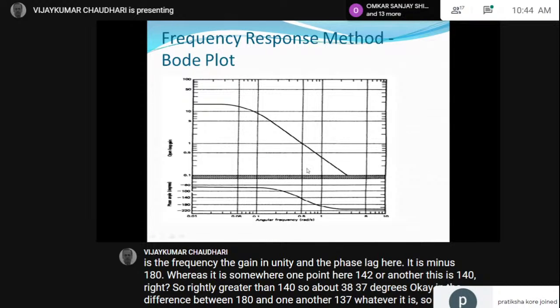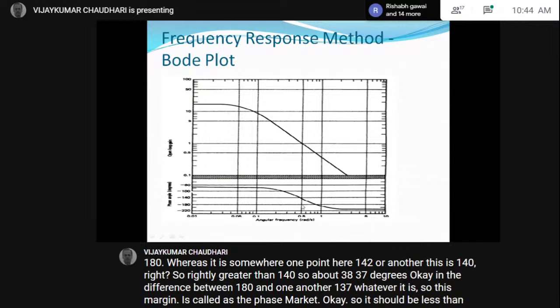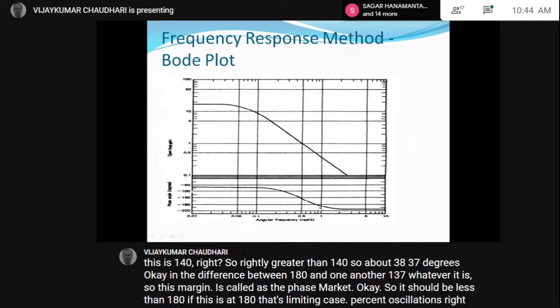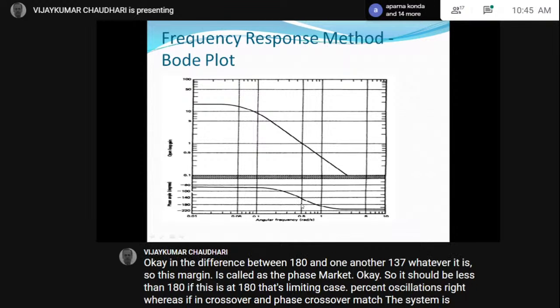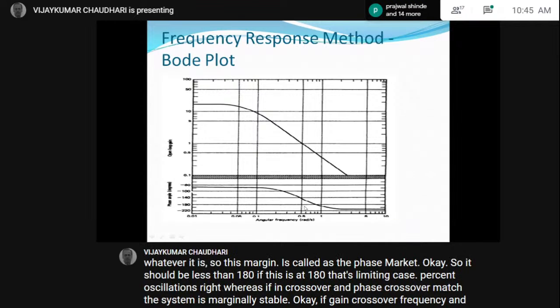So it should be less than 180. If it is at 180, that's the limiting case, with sustained oscillations. Whereas if the gain crossover and phase crossover frequencies match or coincide, then the system is marginally stable.